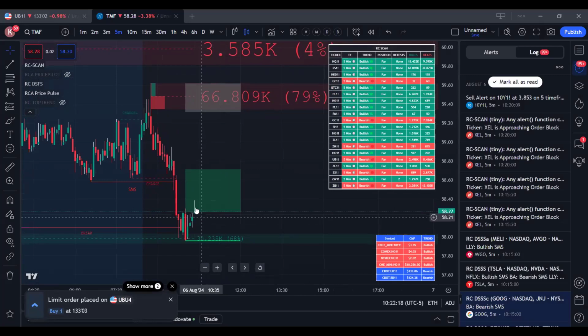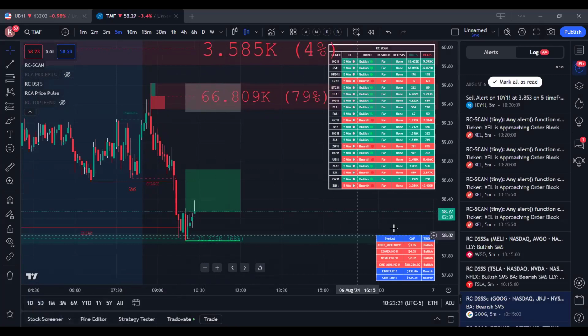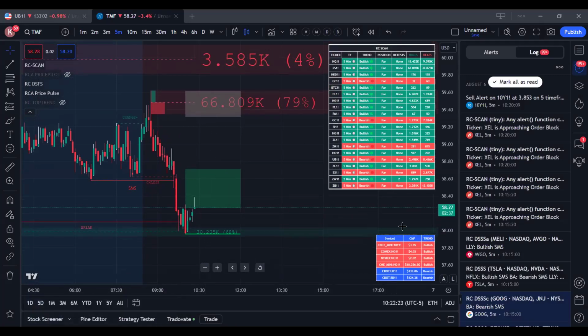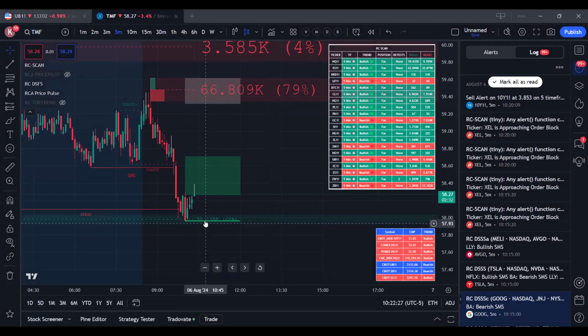So one is you can buy the calls, or if you want low risk, you can also sell the puts. If you have a high account, you can either do a credit spread or you can sell the put. Because there is a huge order block, even if it does a double bottom, comes down, again it can go all the way to 59.4.